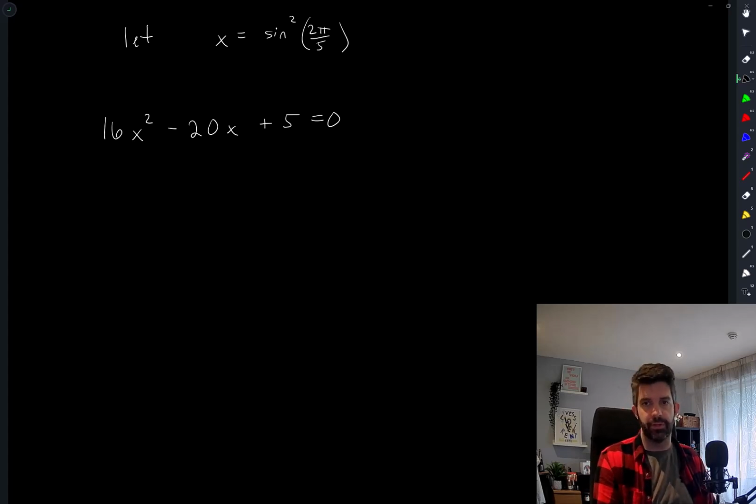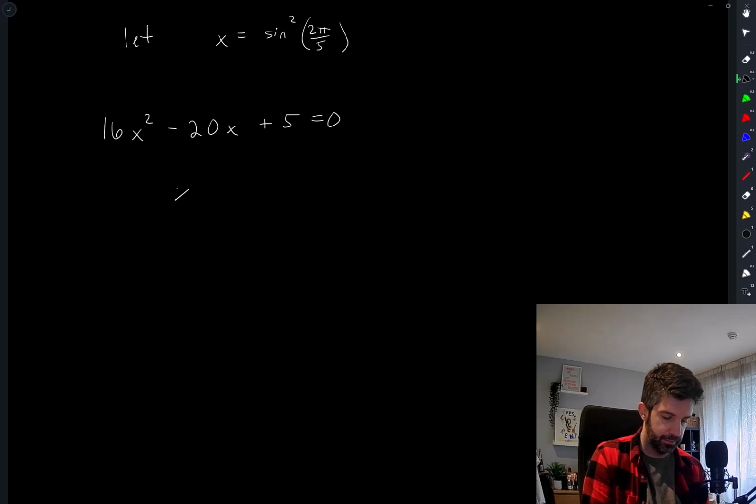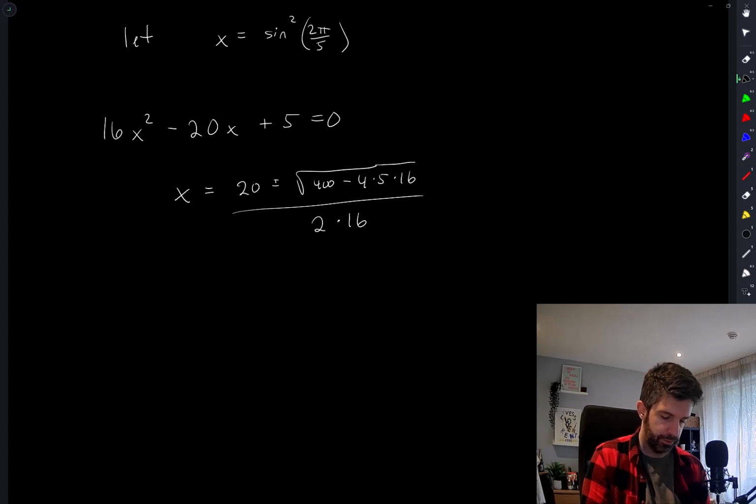The options given for the answers are pretty complicated looking, so I doubt I'm going to get a nice root of this in my head quickly. Let's just say x is equal to 20 plus or minus the square root of 400 minus 4 times 5 times 16, divided by 2 times 16.